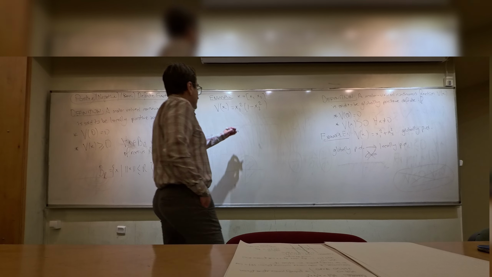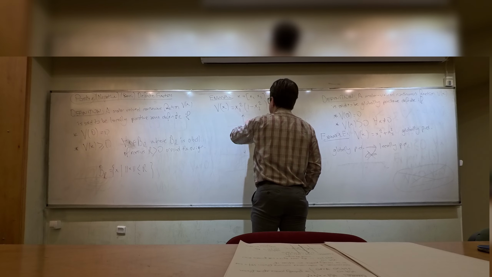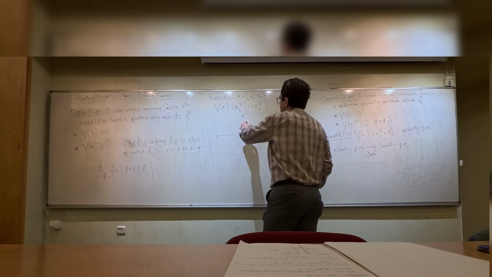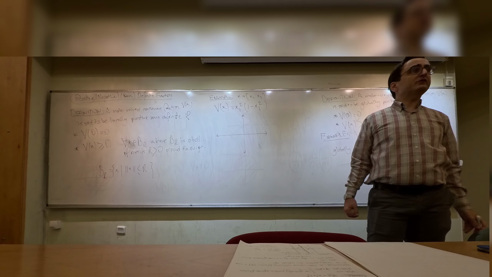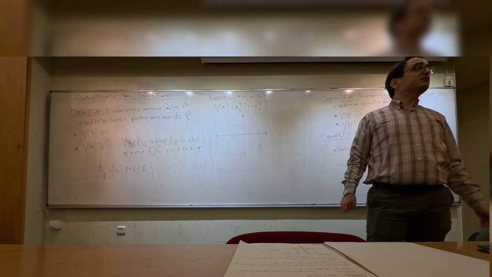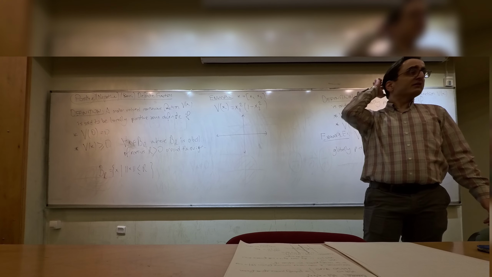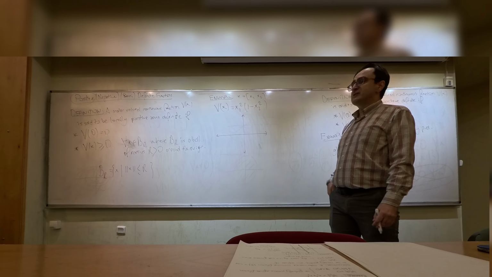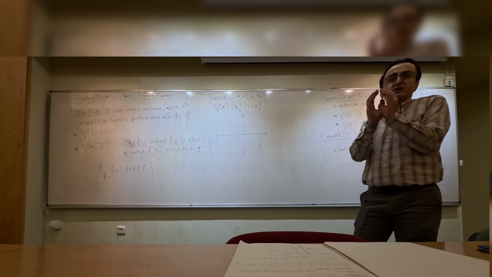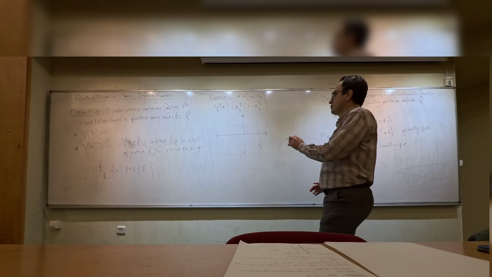Do you think this function is always non-negative in the whole state space? No, it can take negative values as well. That means I need to constrain myself to a small ball around the origin.